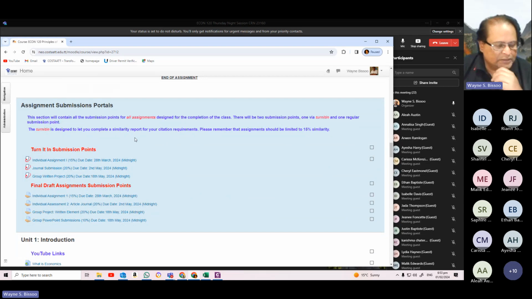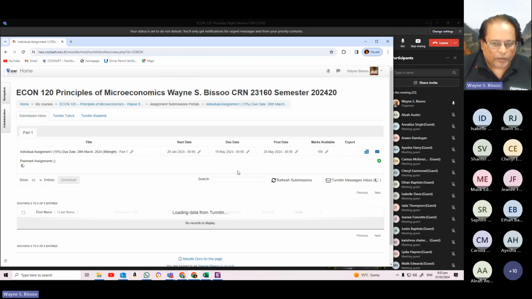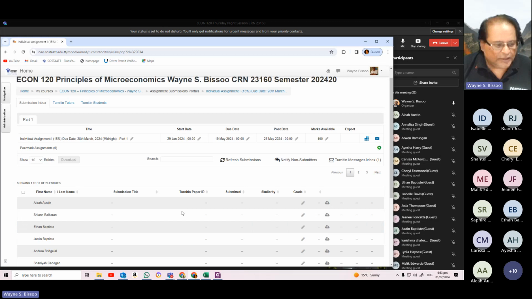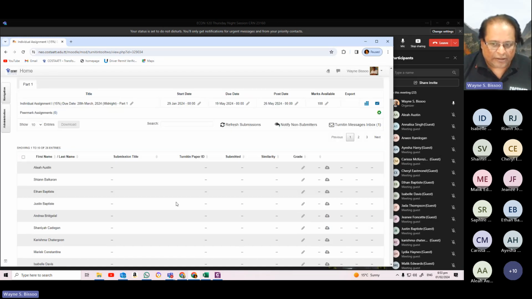This portal is designed with two sets of portals. The first one is the Turnitin, and all written assignments that you're submitting have to meet a similarity rating of no greater than 15%. So the Turnitin portals are designed for you to submit your assignment, for the system to compare and check what level of similarity your work has in relation to other work.